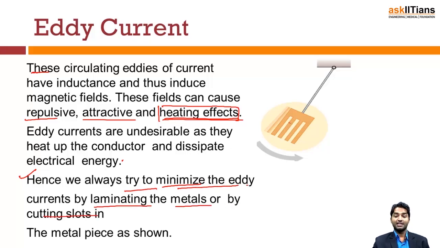This is a metallic part, and we would like to laminate it with plastic and then wrap a wire over it. What will happen when we allow magnetic lines of force to pass through that area? EMF is produced, which causes electric current, and that is the secondary electric current.